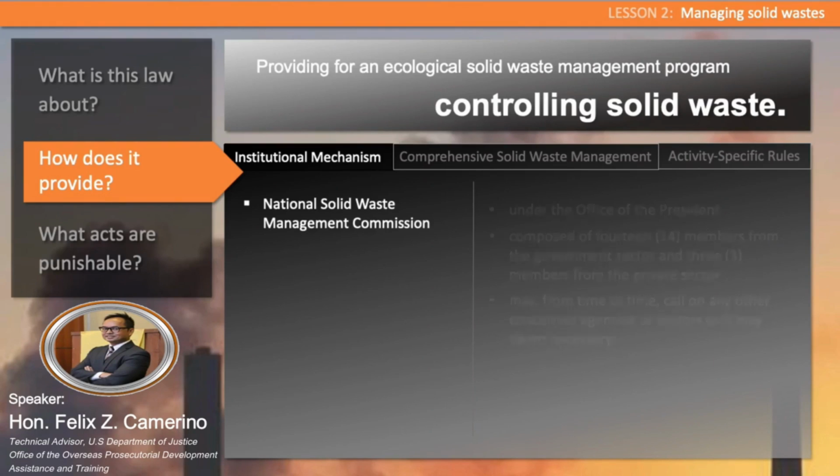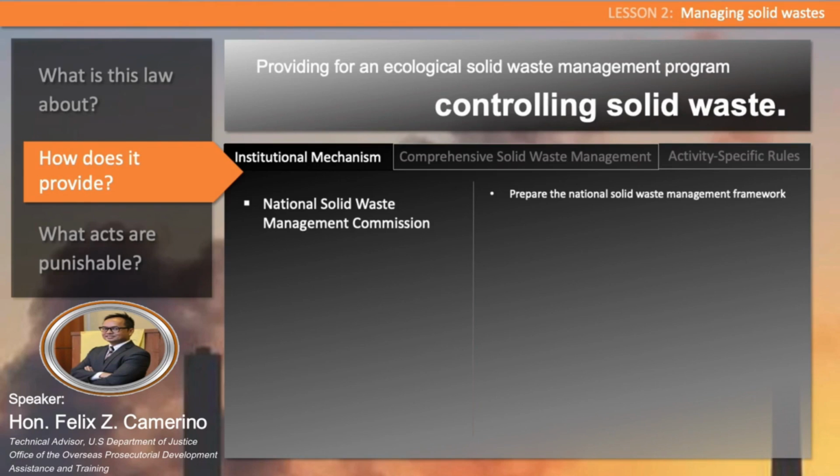Now, in terms of its duties and functions, or powers and functions, there's a number, and let me just give you a short list. The first that I'm going to show you is one that talks about the preparation of the national solid waste management framework.